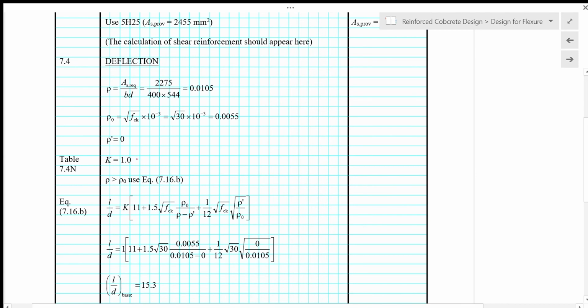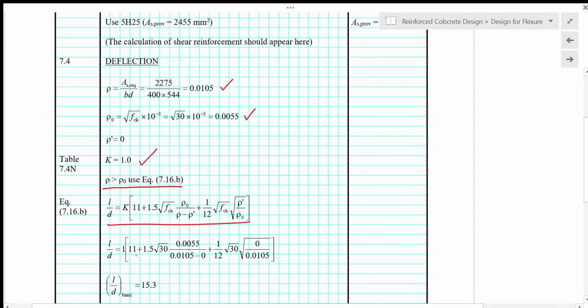So we have K equals 1. And in this case, rho is greater than rho 0. So we use equation 7.16b, which looks like this.